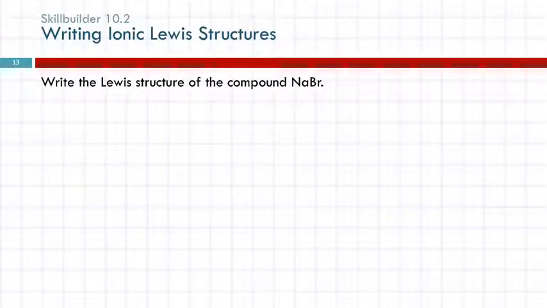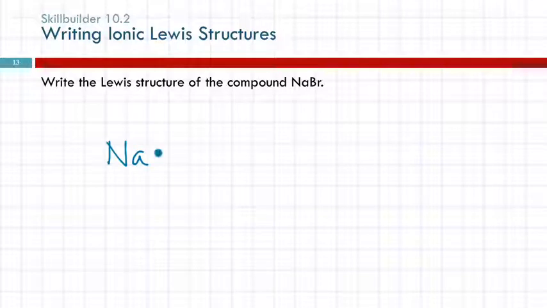So let's do the Lewis structure for sodium bromide, NaBr. So we've got sodium. How many valence electrons does sodium have? 1.